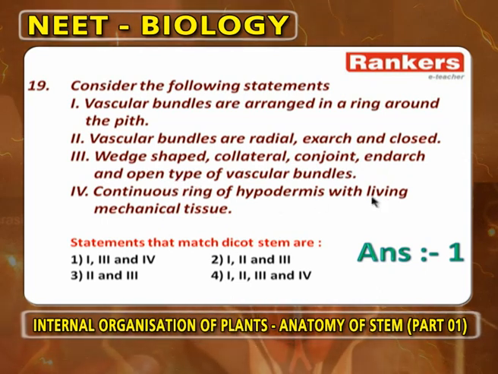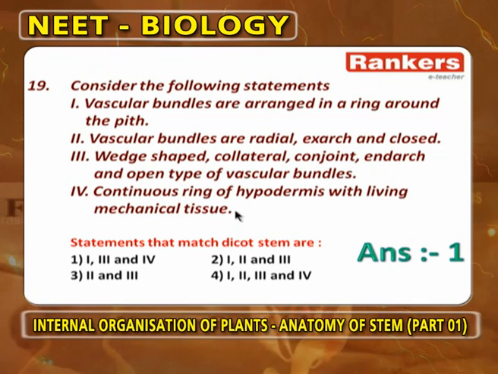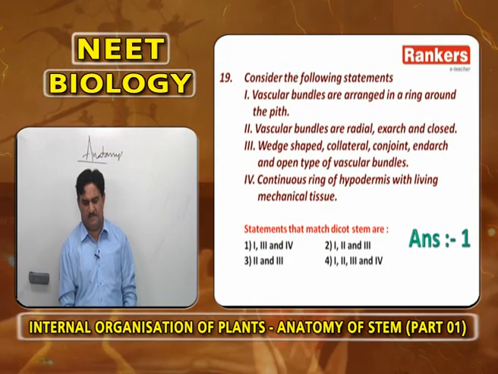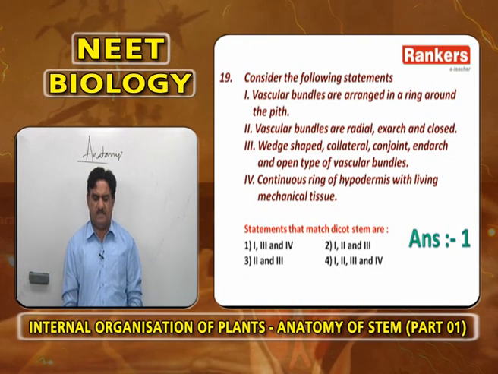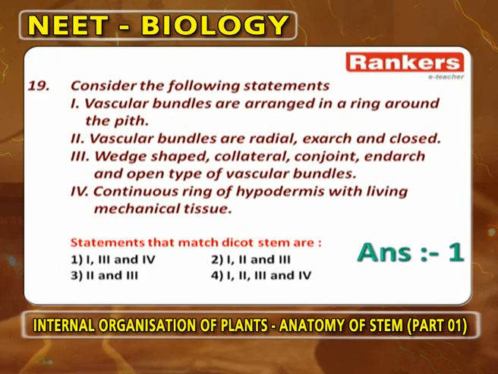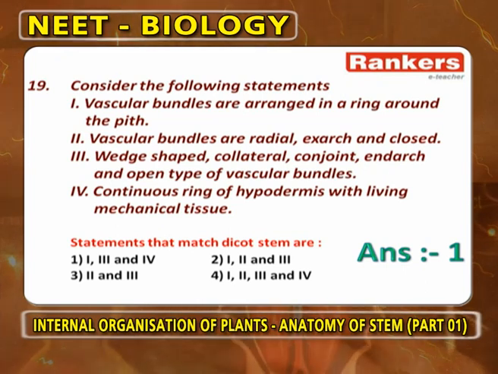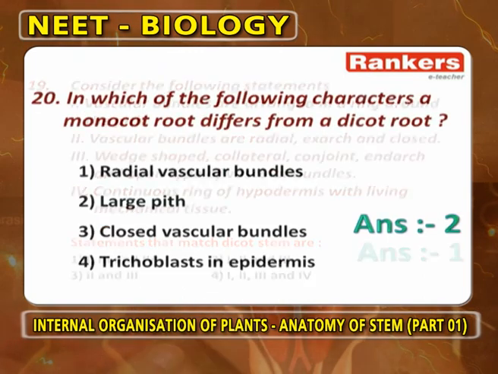Continuous ring of hypodermis with living mechanical tissue is correct. Continuous ring of hypodermis with living mechanical tissue means collenchyma. So, in some plants it is present as a continuous ring of hypodermis with living mechanical tissue. So, answer for this is 1, 3, 4. Second is wrong because vascular bundles are not radial, exarch and closed. Radial, exarch, closed, all three are not at all related to a dicot stem. So, 1, 3, 4 comes under the answer.